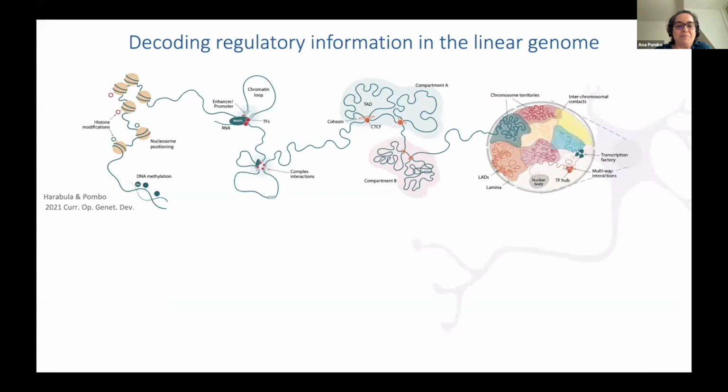So we already heard the beautiful talks earlier today, and also just the recent one from Job, thinking about how the organization of the genome in the nucleus is important.